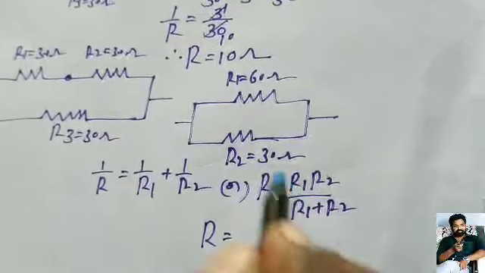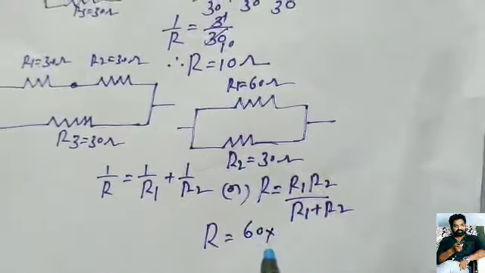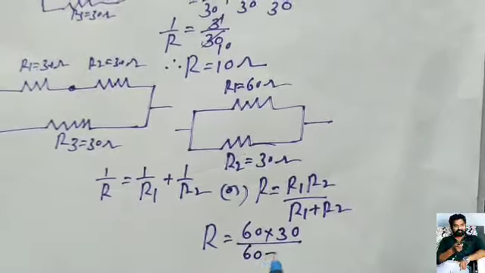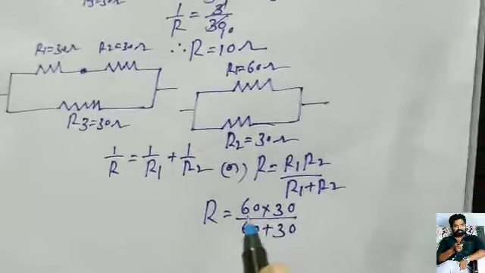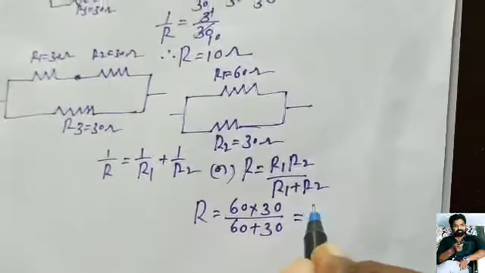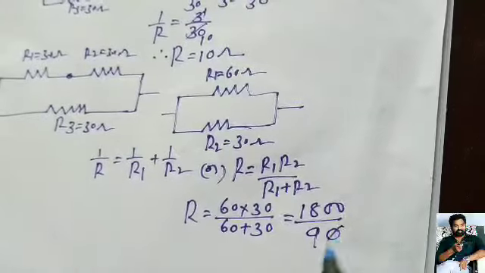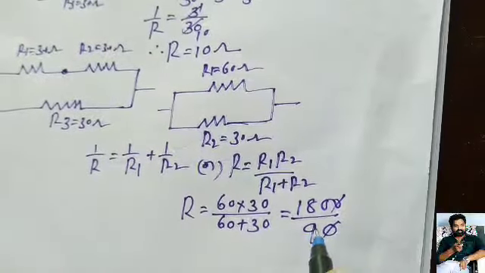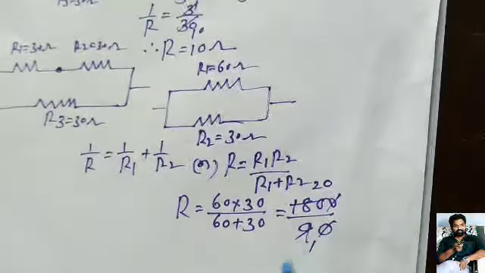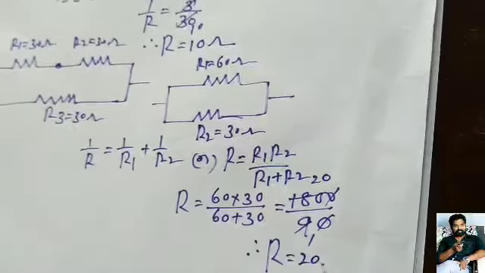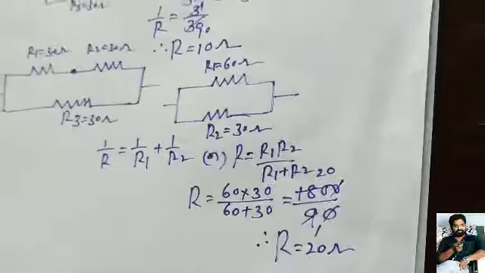Now R1 60 into R2 30 by 60 plus 30, that is 1800 by 90. Here 0 0 get cancelled. 9 ones 9, 9 twos 18, so 20. Now the resistance R is 20 ohms.